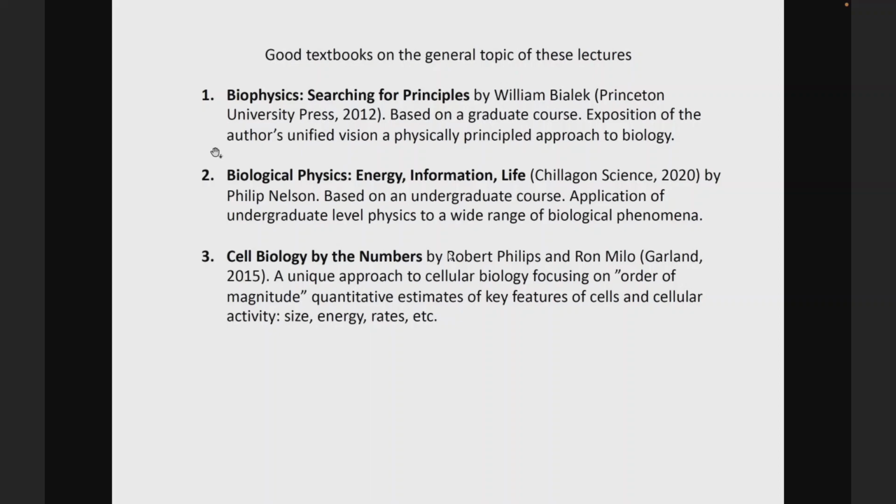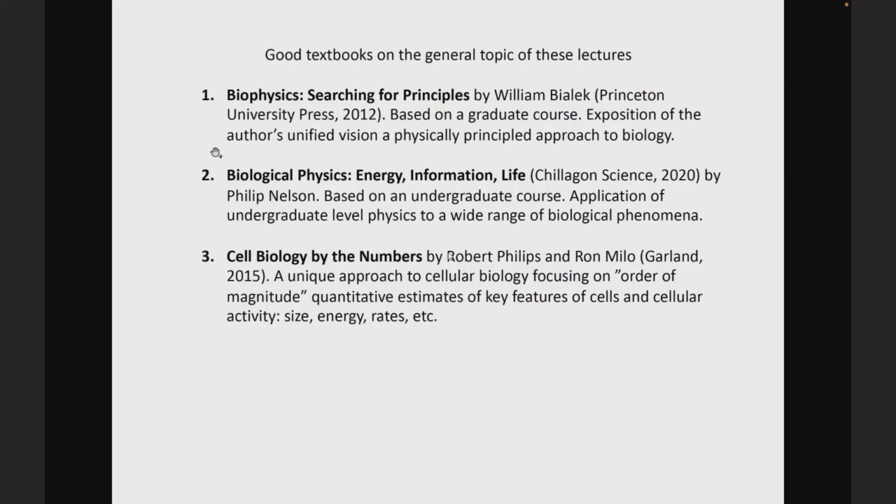He has a second thing, a follow-up book, which is basically on modeling in life phenomena, and I can recommend that also. Came out recently. Then there's a kind of different approach called Cell Biology by the Numbers by Rob Phillips and Ron Milo.